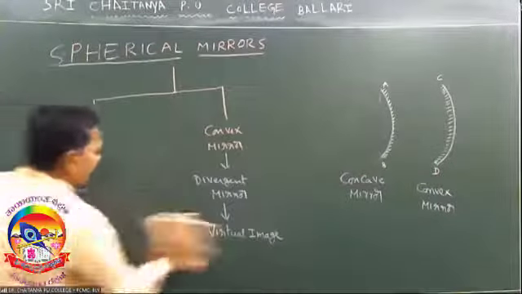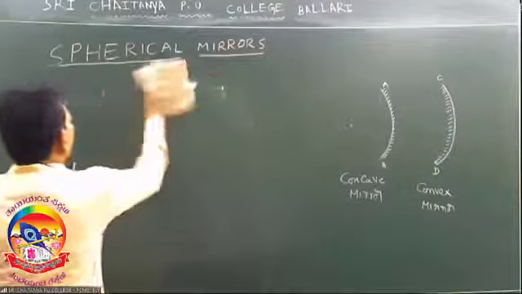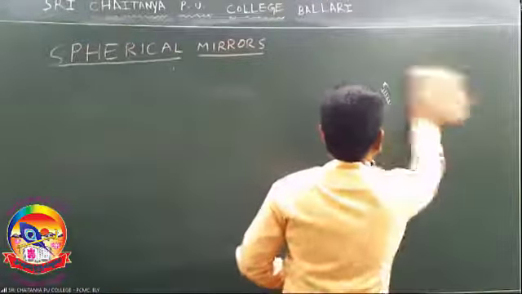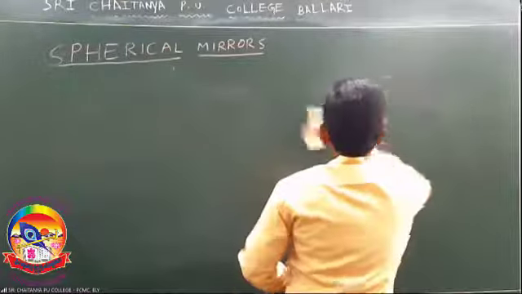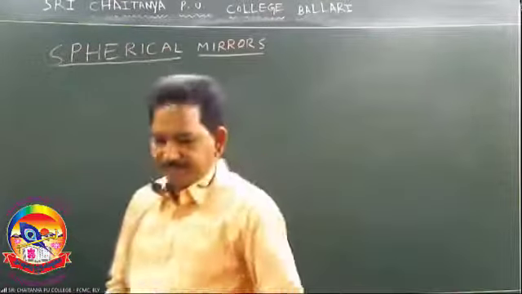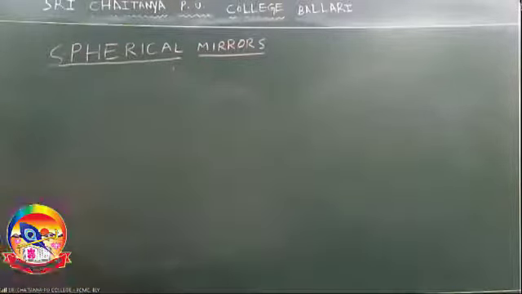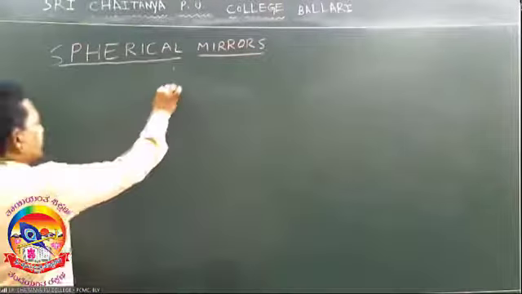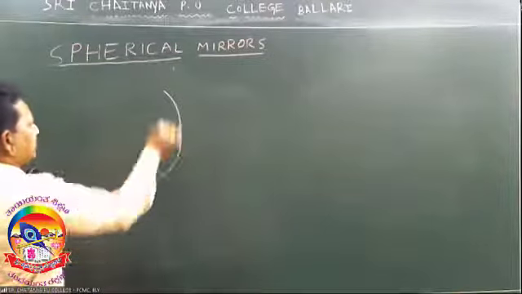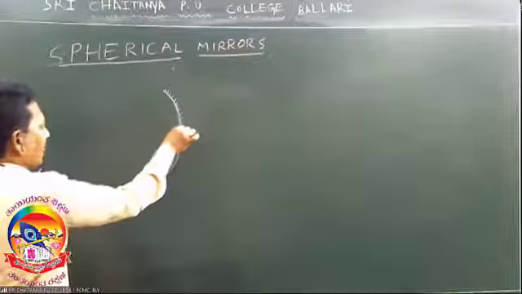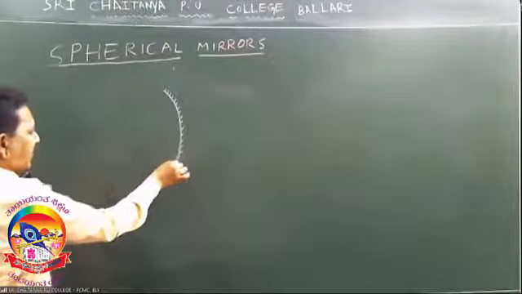Now let us go to some important definitions in the case of spherical mirrors, which are frequently used. So this is a concave mirror. Why is this a concave mirror?